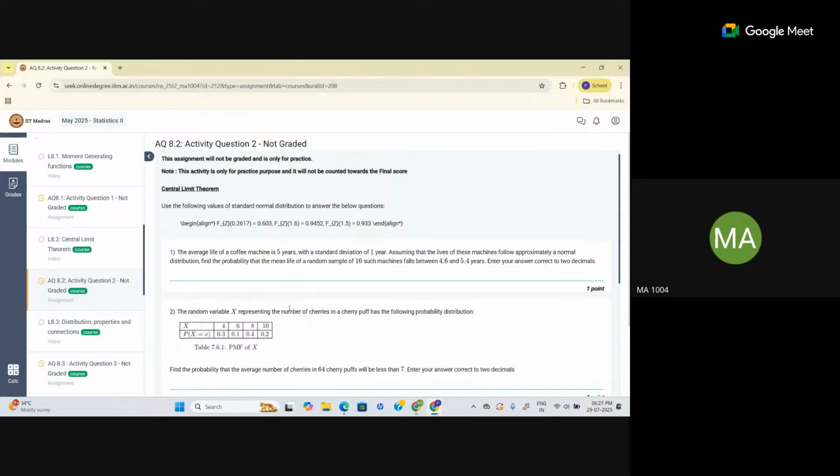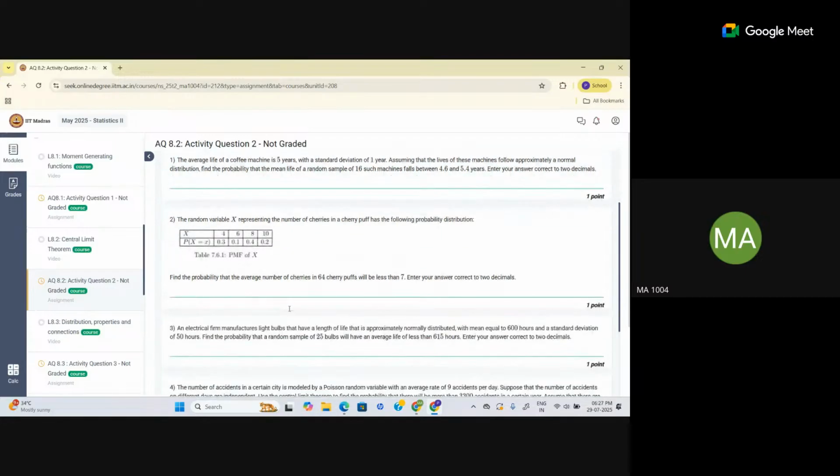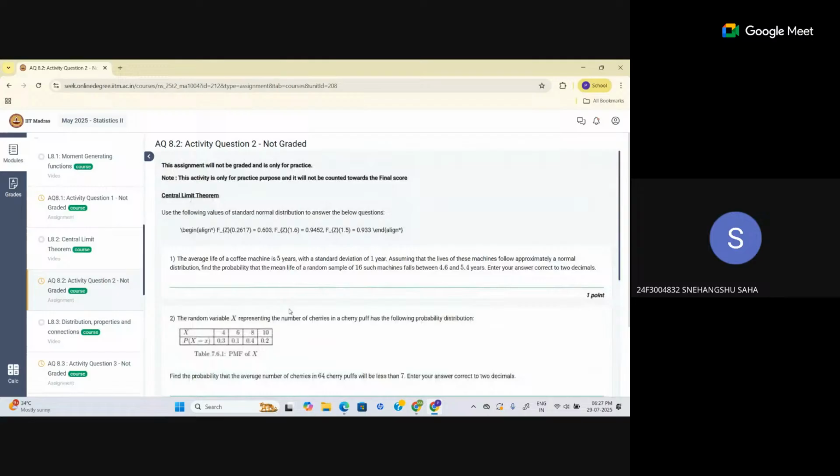Where is it written, the reference data? Use the following data, just on the top. See, this is written: use the following standard normal distribution. So these values are given which you have to use in the calculation.